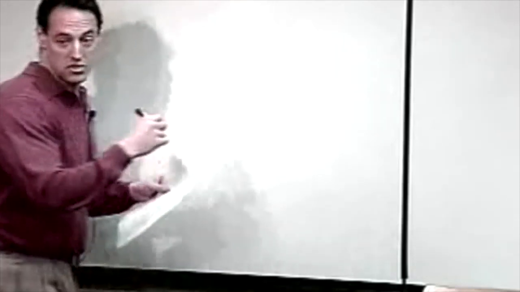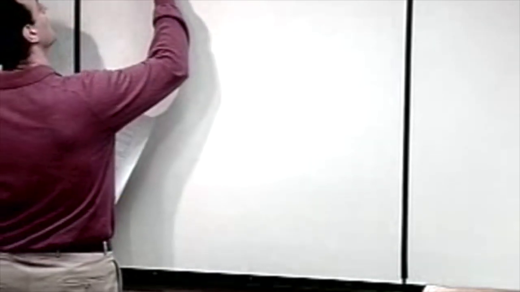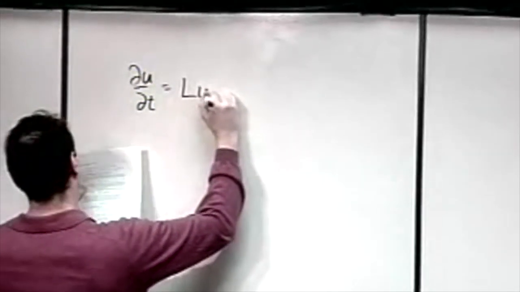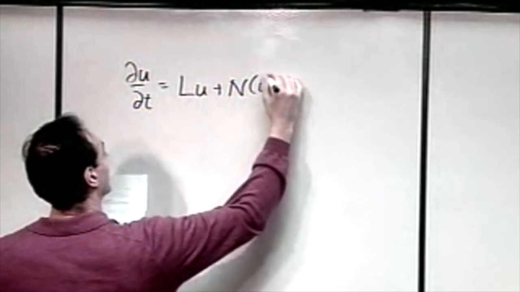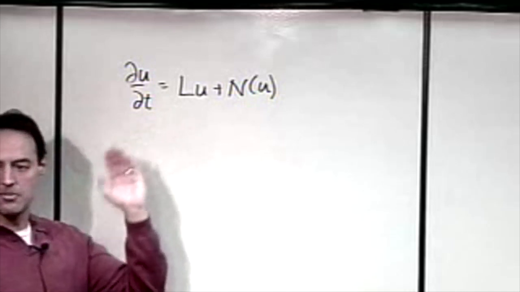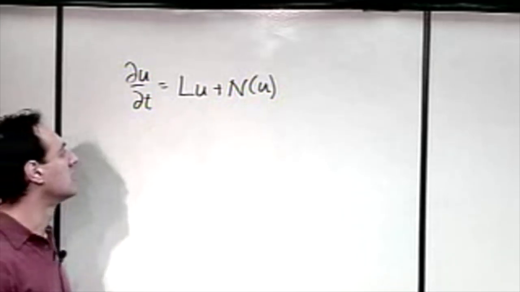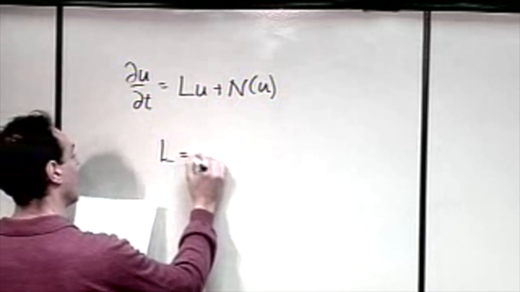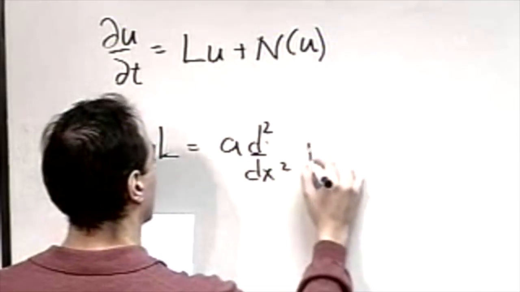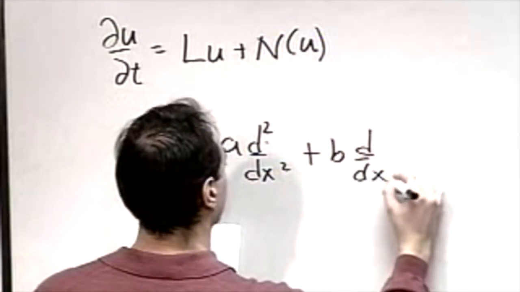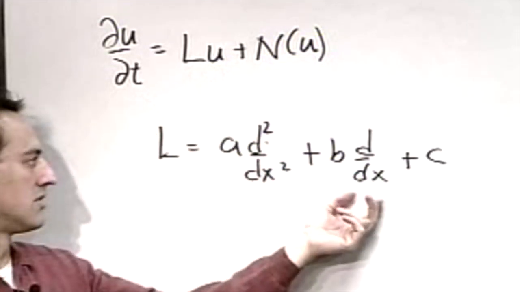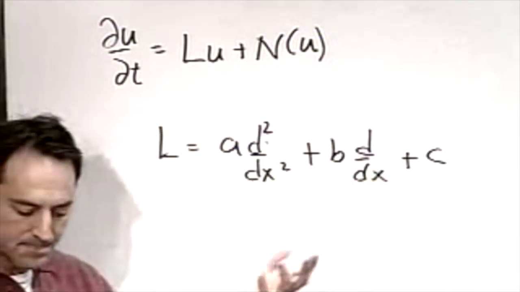So let's consider the general idea first, which is a PDE u_t = L u + N u, where L is some linear operator. For instance, L could be something like a second derivative of the function in x, plus some constant times the first derivative, plus c.